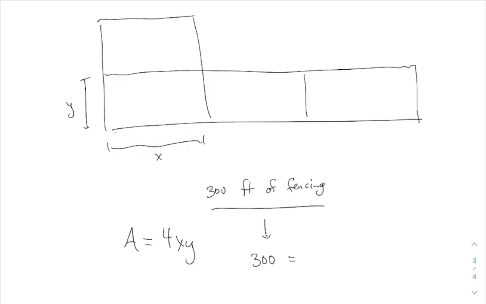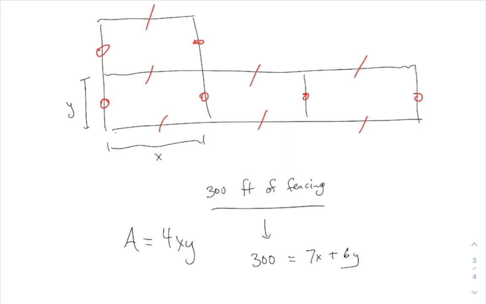I see 1, 2, 3, 4, 5, 6, 7, so there are 7 x's. And how many y's? That would be 1, 2, 3, 4, 5, 6 y's. So the correct formula to use for this sort of fencing, it's kind of like a perimeter measurement, would be 7x plus 6y, right?